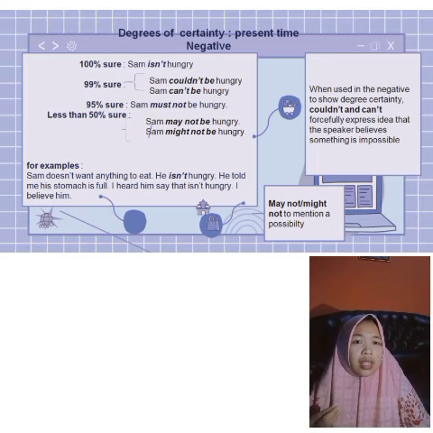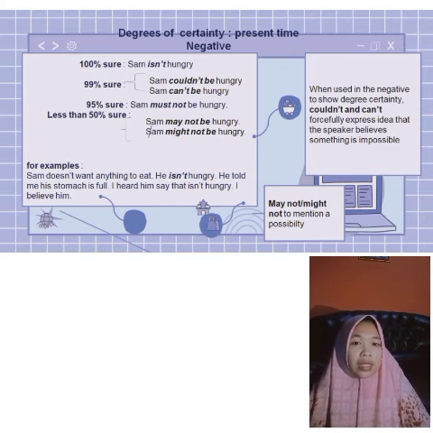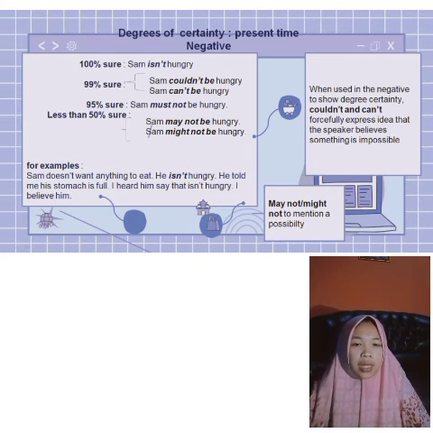When used in the negative to show the degree of certainty, couldn't and can't forcefully express that the speaker believes something is impossible. In C, the speaker is expressing a logical conclusion, a best guess. In D, the speaker uses might, may not, or might not to mention a possibility.